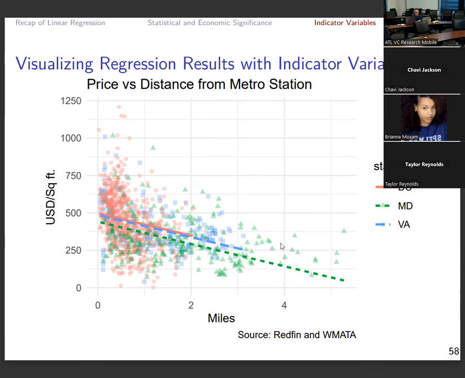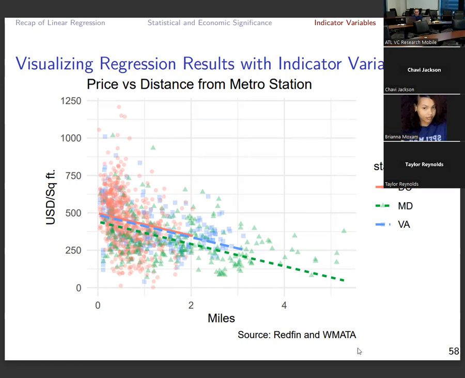Some of it has to do with this stuff out here. But if you look, all these little triangles are down in here too, which are properties in Maryland. I wonder for those who've lived in the DC area, whether this is intuitive, that this is what they would expect.